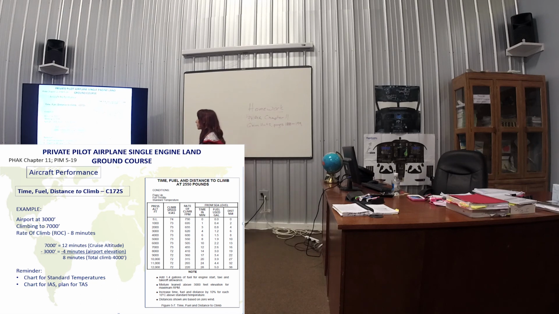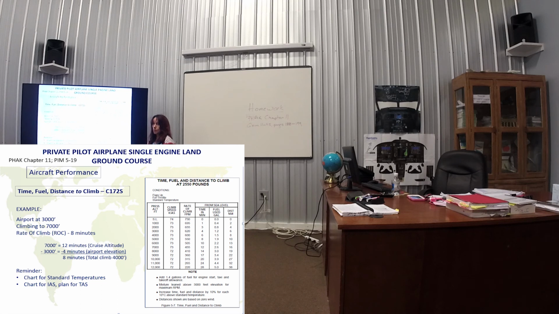Again, look at the details. We all know this one, engine startup, taxi. There's your standard lean above 3,000. Increase time, fuel, distance 10% for each 10 degrees above standard temperature, because it doesn't have temperature here.